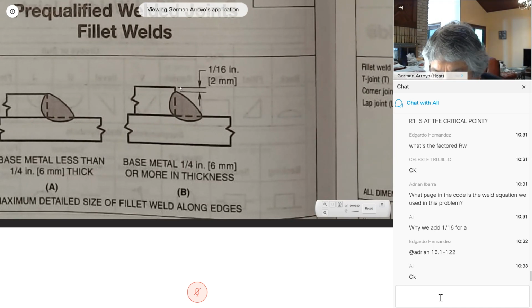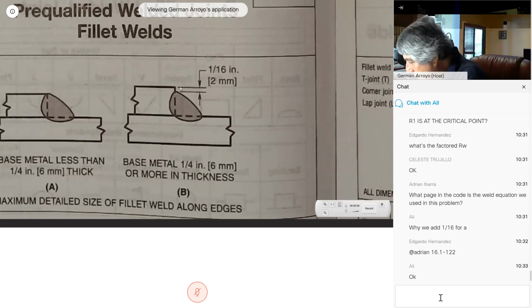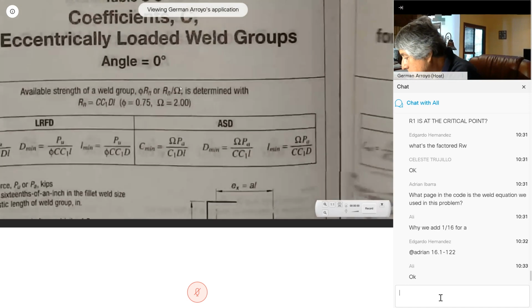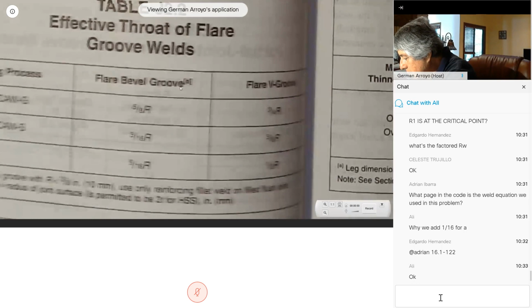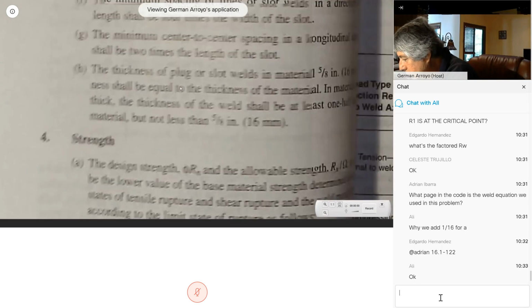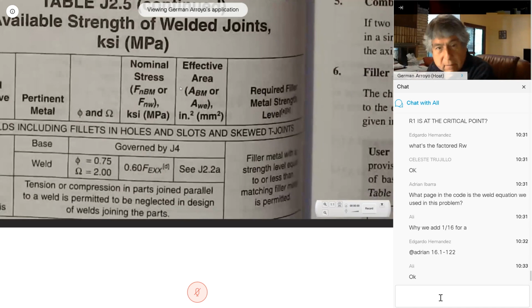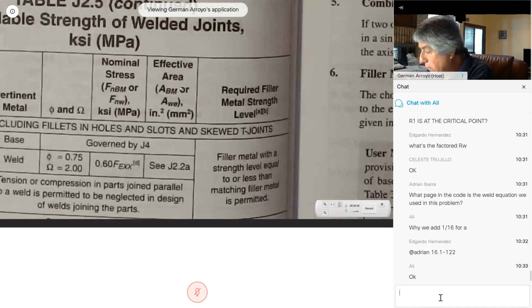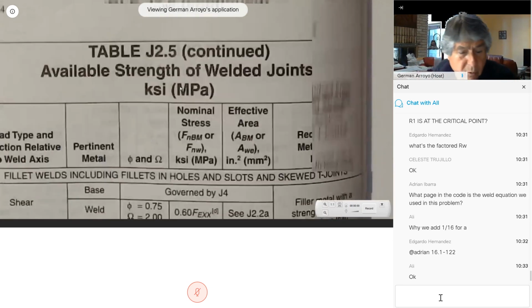The weld equation we use is in a different page in the code. Remember that this is page 16.1, 124.